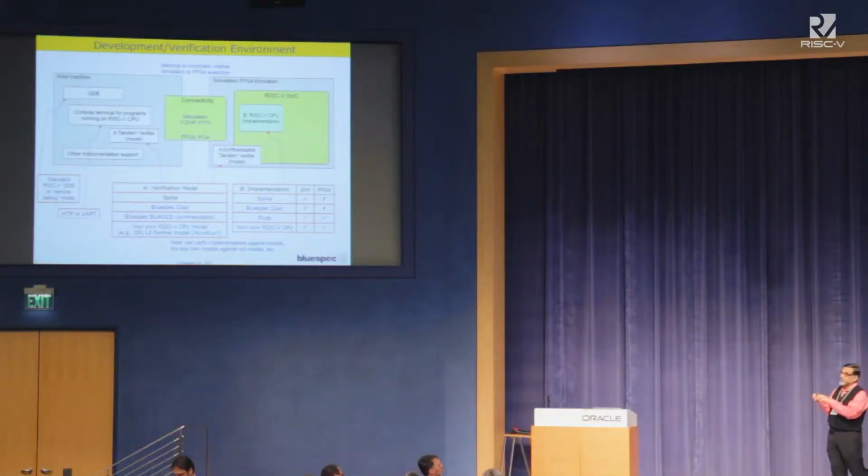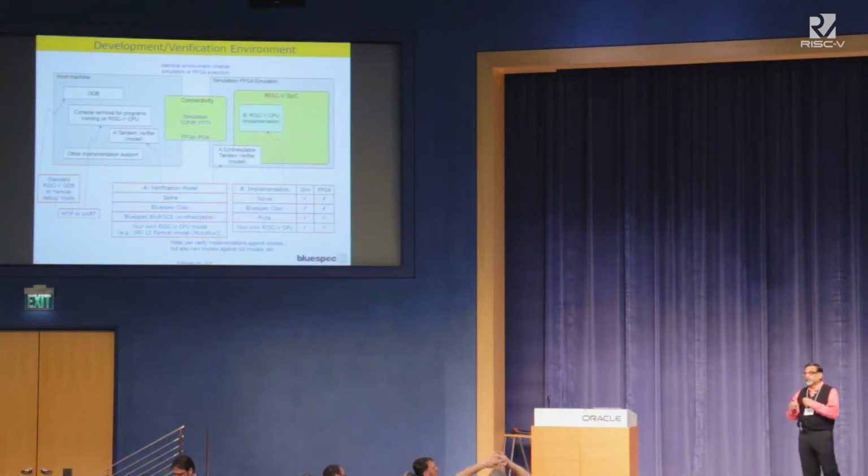And you can plug in various things. We have standard interfaces and standard APIs around these boxes so that you can plug in various things out there. For example, on the A box, one of the reference models we support is Spike, which means a few modifications to Spike so that it can be controlled from this environment so that it stays in lockstep with the implementation on the right.